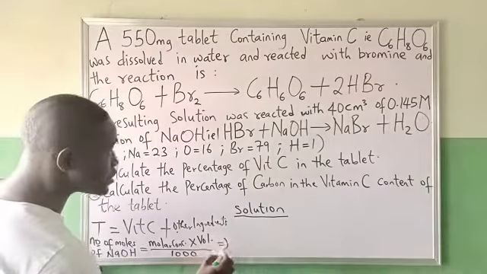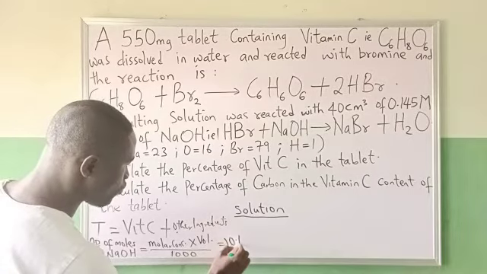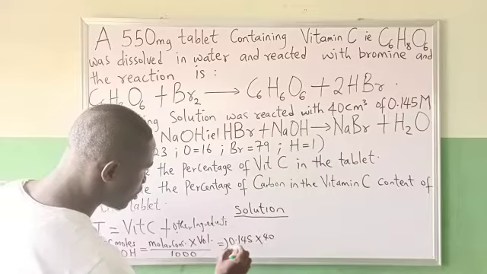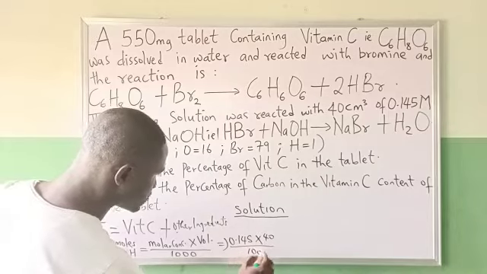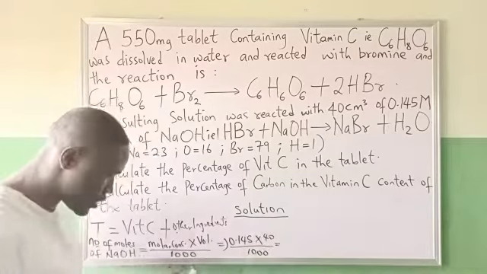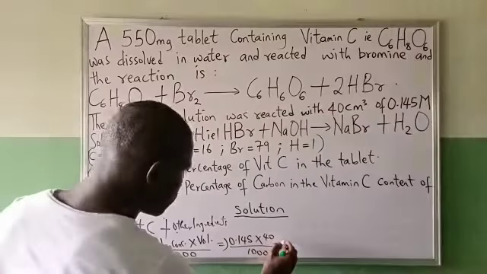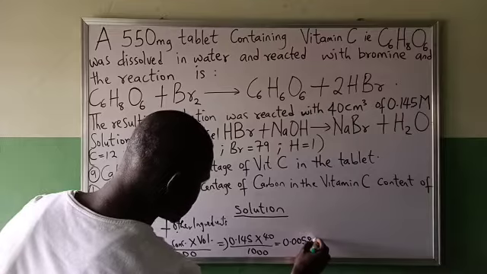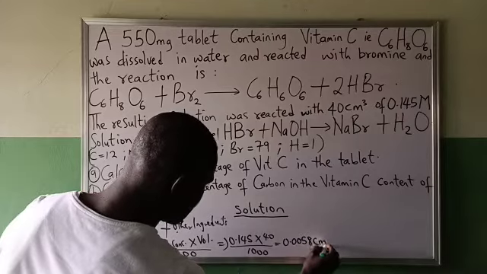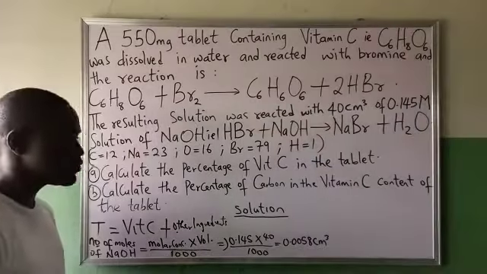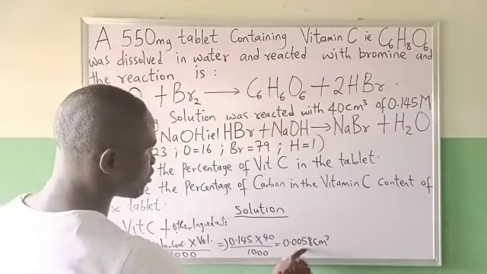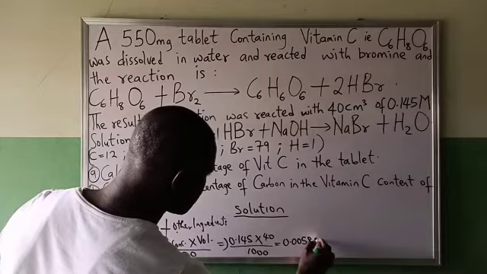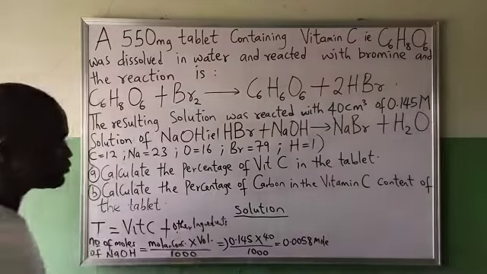The molar concentration is 0.145. The volume is 40 all over 1000. You press it in your calculator. Everything will give you 0.0058. So this is 0.0058 moles, because it's a number of moles, please, not cm³, mole.